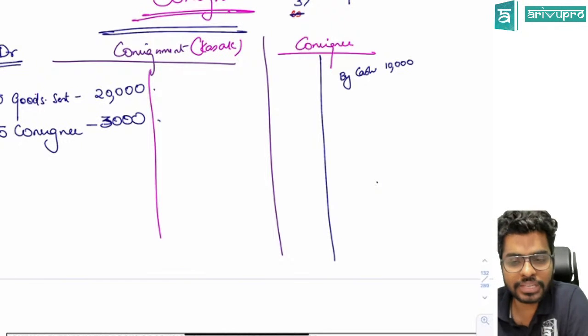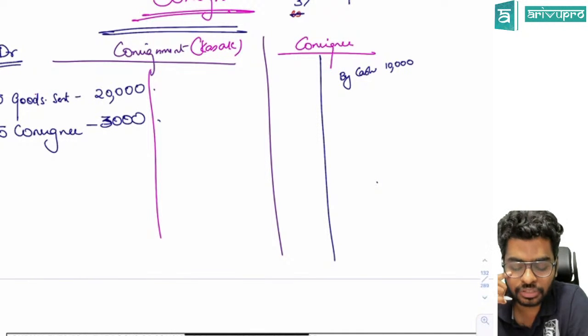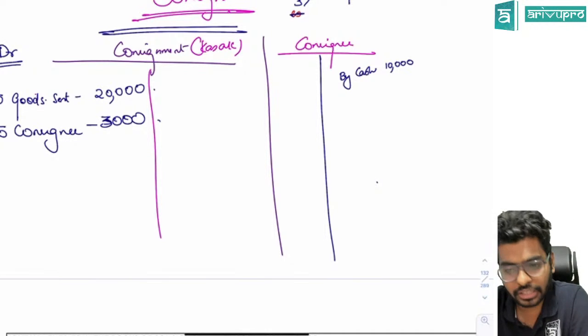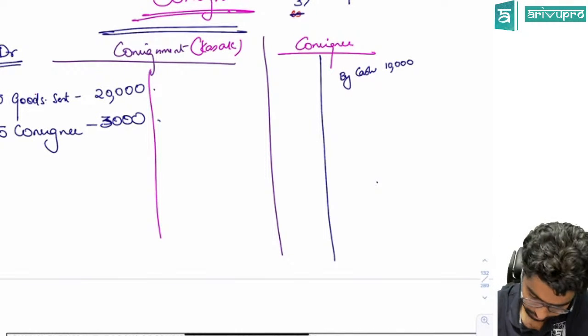From the money I'm going to be getting in, will I reduce this 3000 and give, or will I pay him additionally 3000 for the consignee? Think from a consignee's perspective. Will he say, no, no, I'll pay you additionally 3000, or will he say, boss, when the money comes in, this also I'm going to reduce and pay? Reduce from what you have got, right?